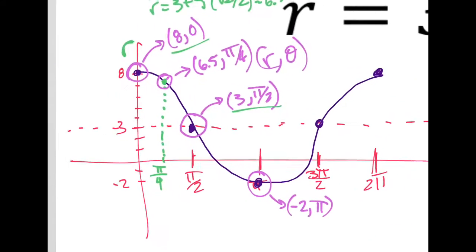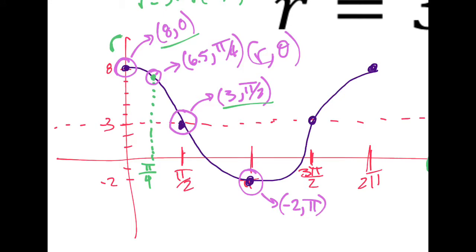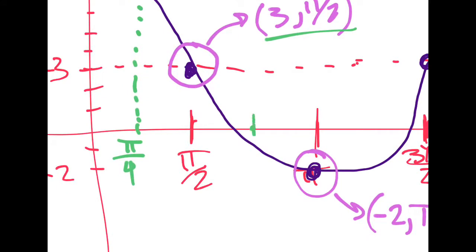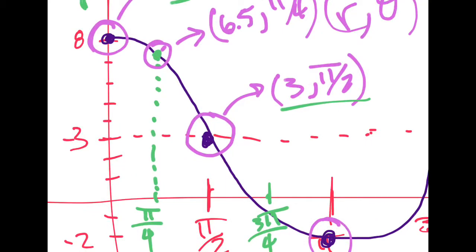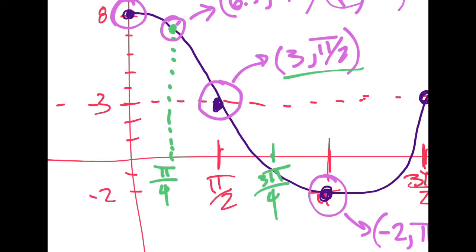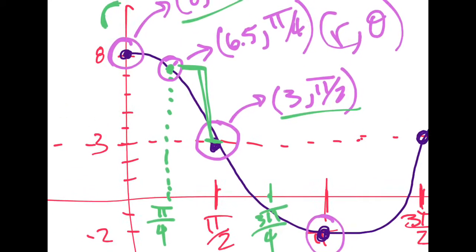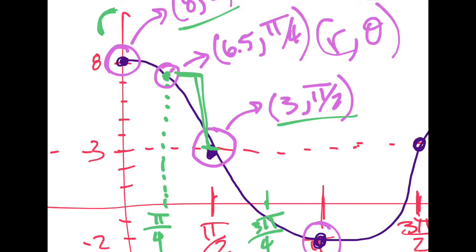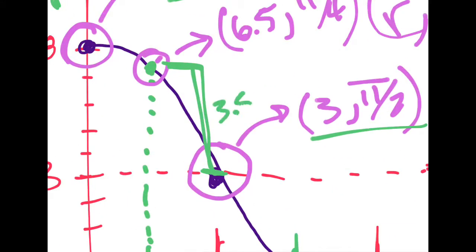But again, I need to figure out how to get from my last point to that point. So let's check our graph right here between pi over 2 and pi. Let's check at 3 pi over 4, and think about what we know about the symmetry of this graph. I'm moving the same distance from that midpoint along my axis. Think about this vertical displacement from that point up to that point. We went from the line 3 to 6.5, so we went up about 3.5.